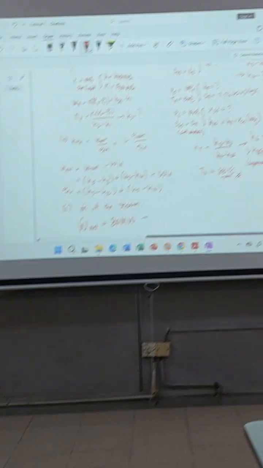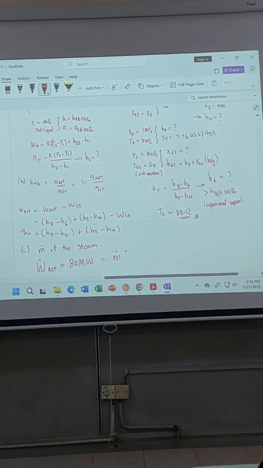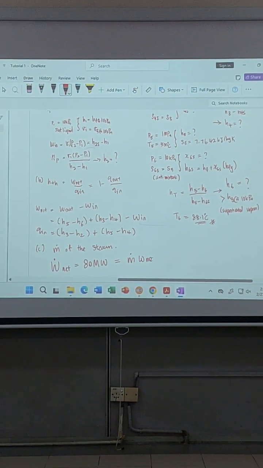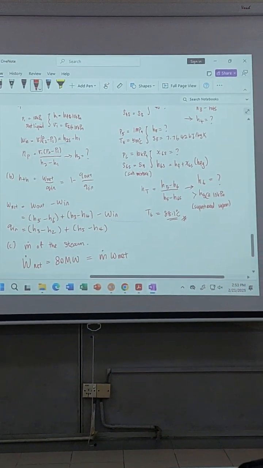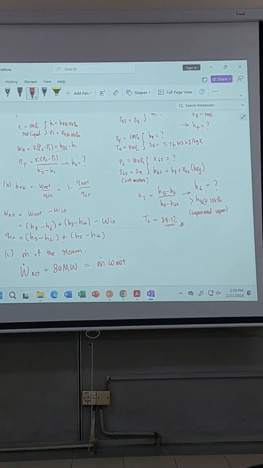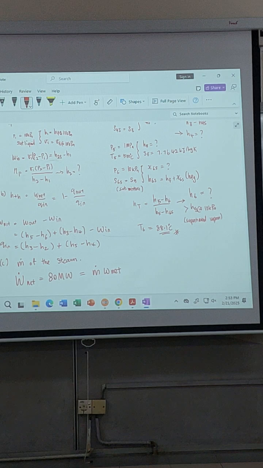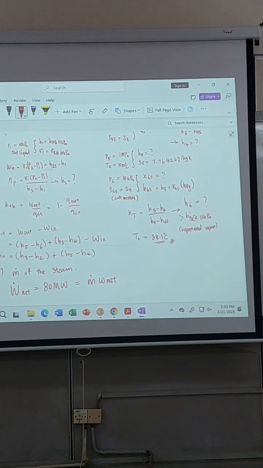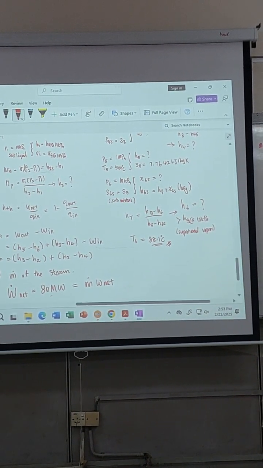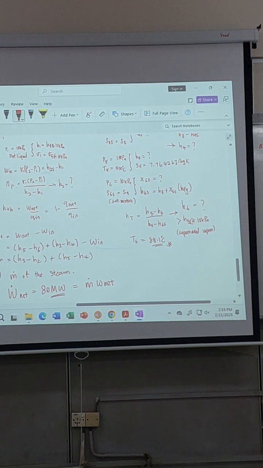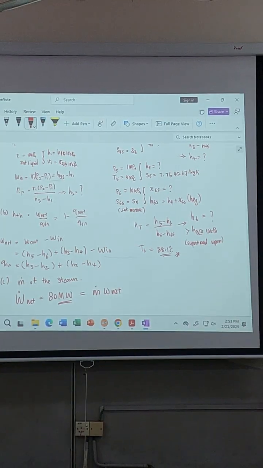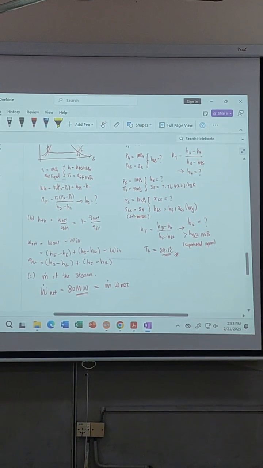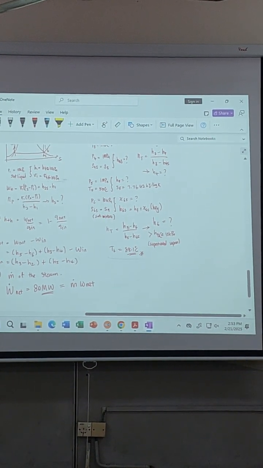Which means that this will be equal to m dot times work net. So based on that, you take the work done value from the previous section, set it, then you can get mass flow rate. Just be careful of the unit because the megawatt, when calculated, should be kilojoule per kg. Okay, other than that, that is how you solve these equations.